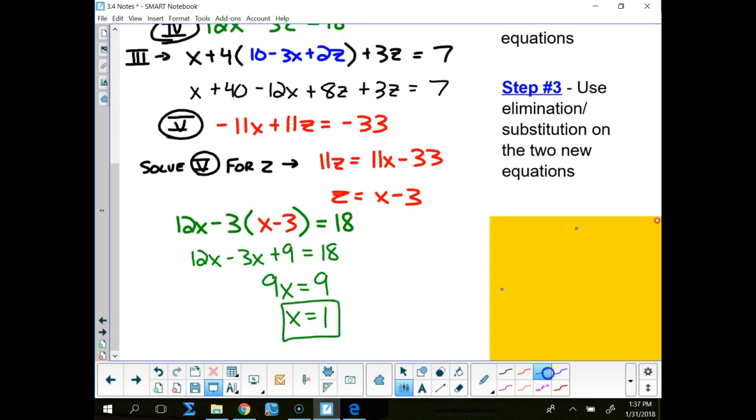And I get x equals 1. If I put 1 back into my red equation, I get z equals negative 2.